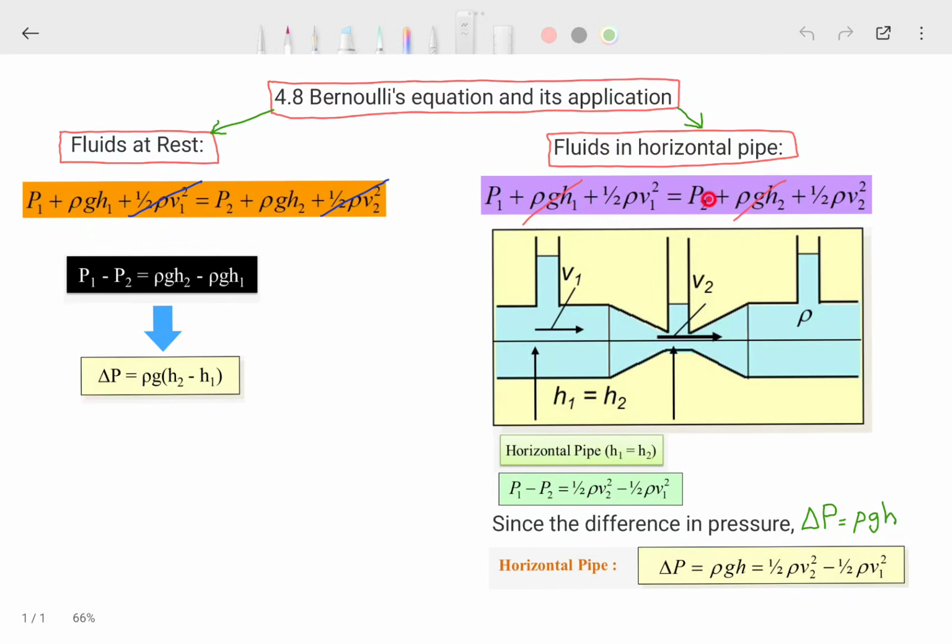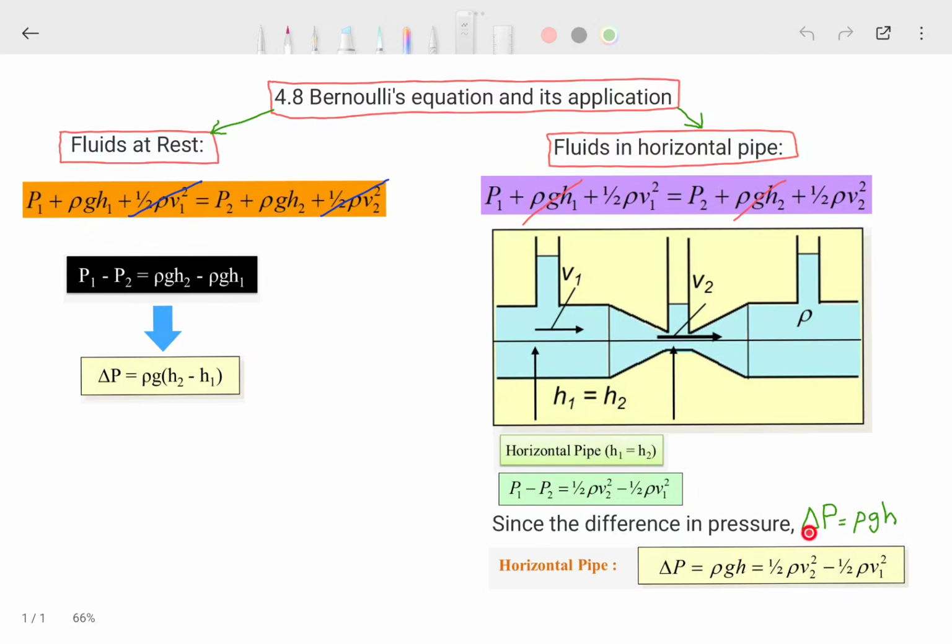So we bring P2 to the left side: P1 minus P2 equal to 1 over 2 rho density multiplied with velocity 2 squared, minus, if we bring this variable to the right side, 1 over 2 rho times V1 to the power of 2.